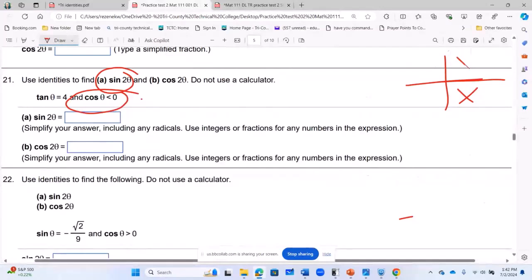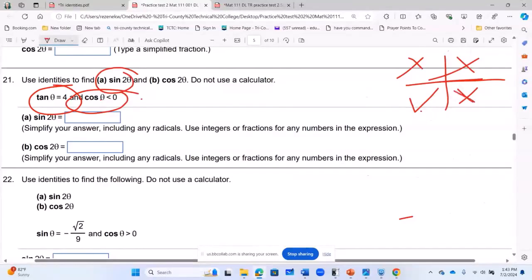It is not in the second quadrant. If tangent is positive, then the angle is in the third quadrant. So the angle they are talking about, theta, we are told that tangent is positive. Therefore, the angle should be in the third quadrant.